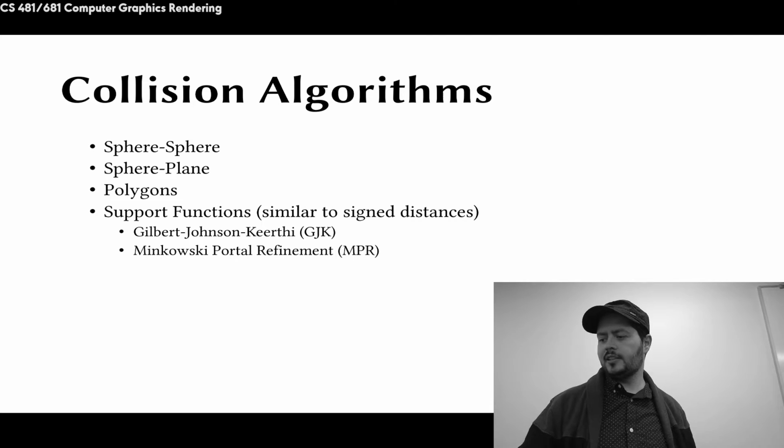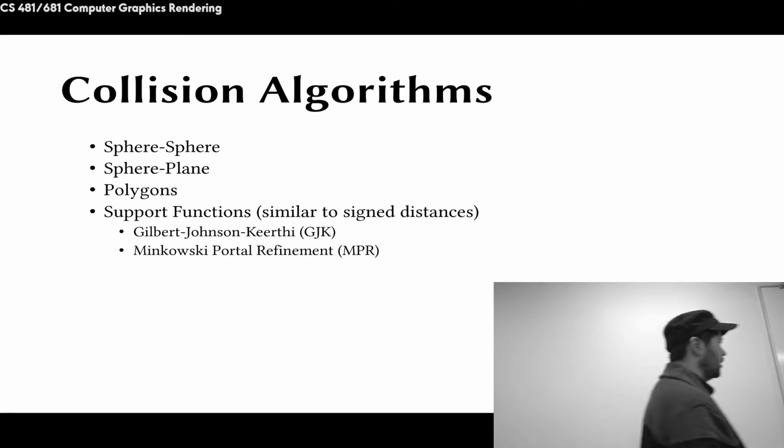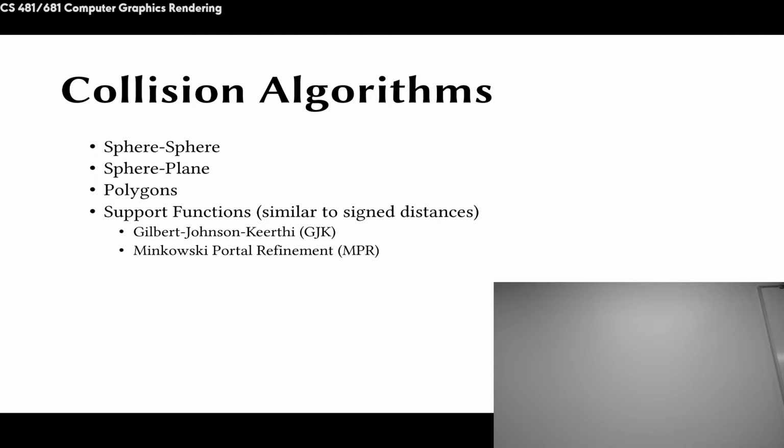So the idea here is that you might have two objects, and what you're trying to do is use this concept of signed distance: how far out am I from another object? How far away? So we have maybe a 2D example. We have this edge here, or this point here, and we have this edge here. And so the support mapping would say, well, how far are you outside or inside?